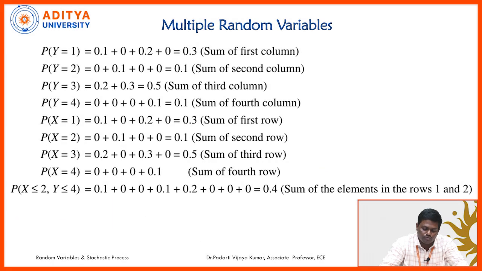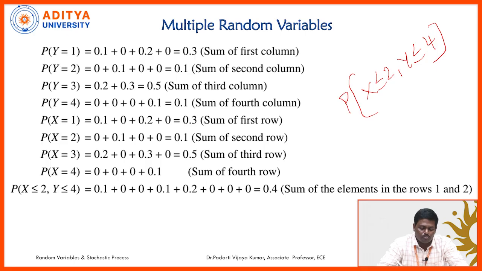Next problem is asking us to compute the probability of x less than or equal to 2, y less than or equal to 4. So the total possible combinations which satisfy this relation will be x less than or equal to 2 and y less than or equal to 4. So 0,1, 0,2, 0,3, 0,4.